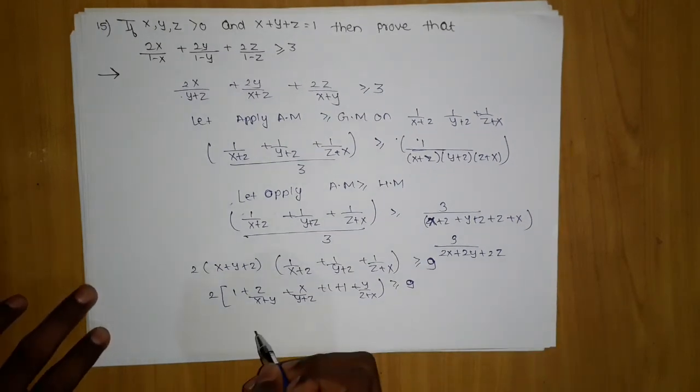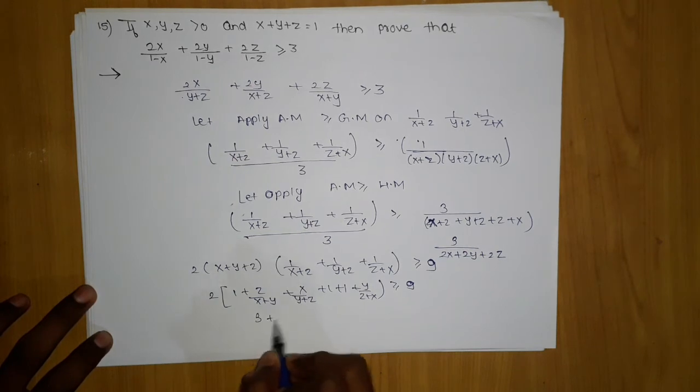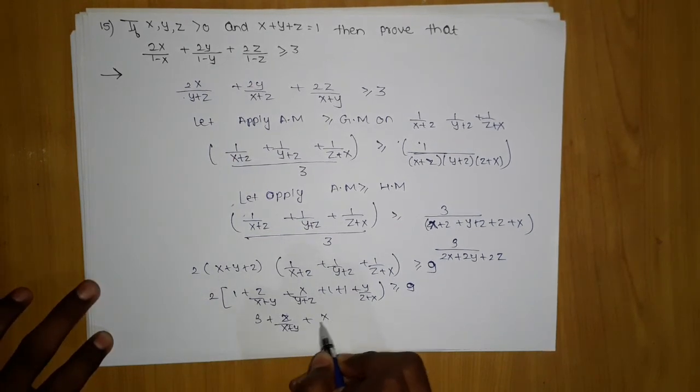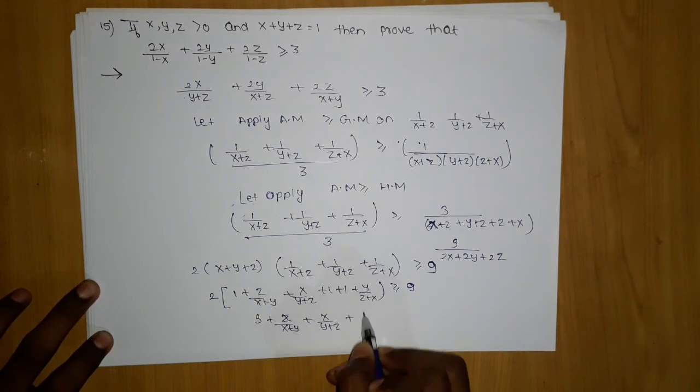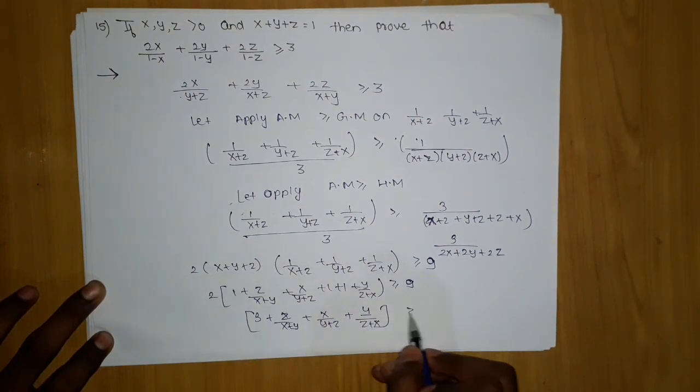So what we are going to do is connect these three terms: z upon x plus y, x upon y plus z, plus y upon z plus x, so greater than or equal to 9.